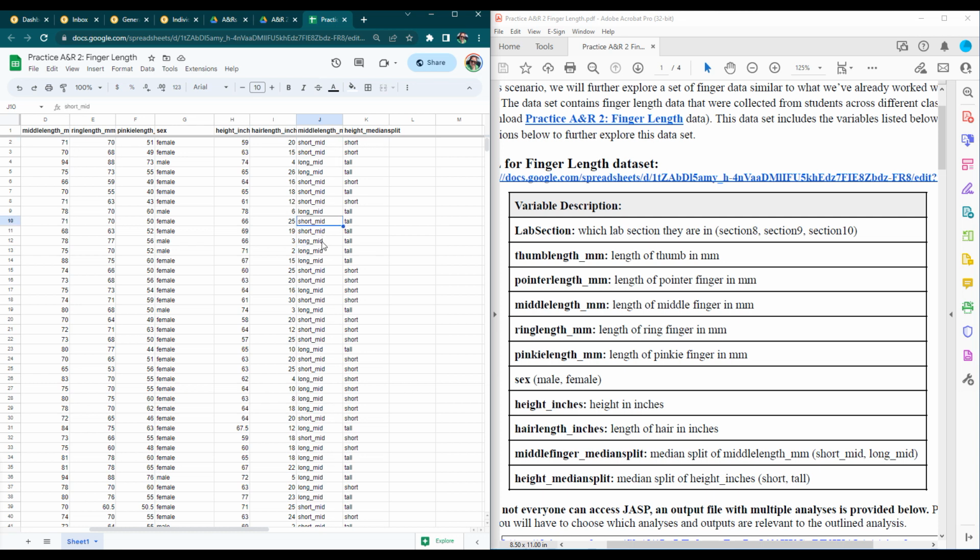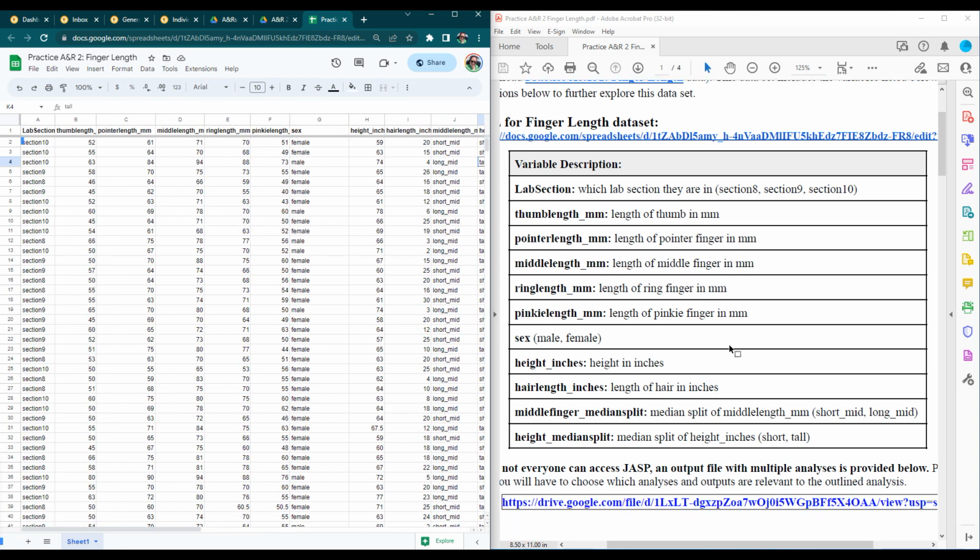So short mid and long mid, depending on which group they were in. We also have height median split, which we've looked at before, done the same way where we line up those height in inches data points, find the median, and then split the data at the median. So we get the short half of the class and the tall half of the class.